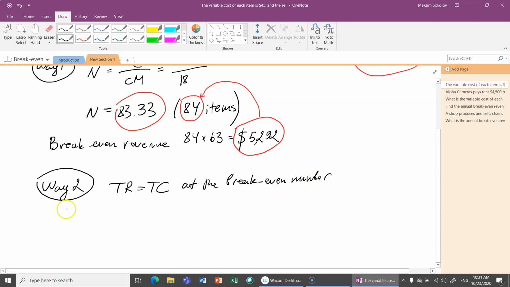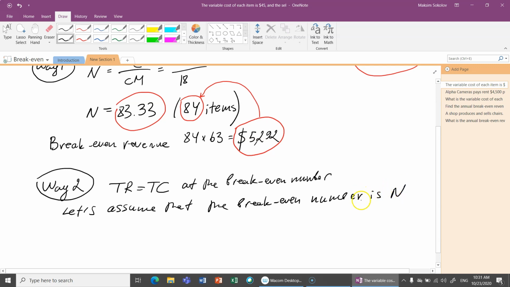Well, total revenue should be equal to total cost at the break-even number. So let's assume that the break-even number is n. So we have some break-even number n, which we don't know yet, that we will use to build this relationship, total revenue equals total cost.